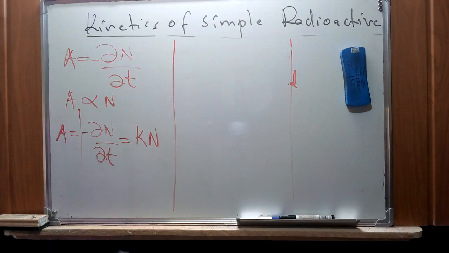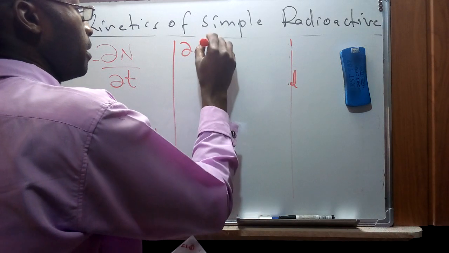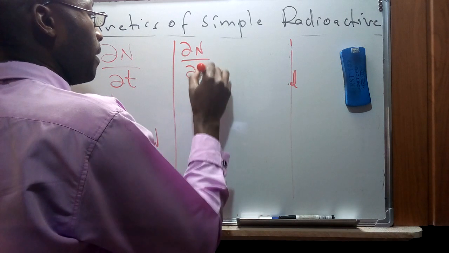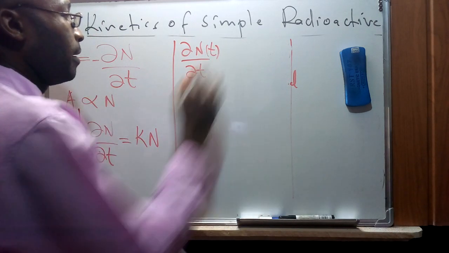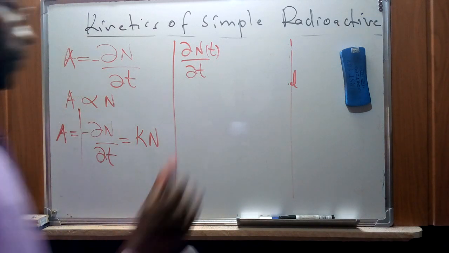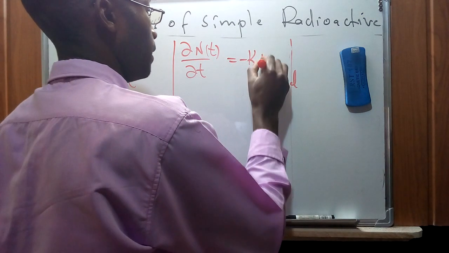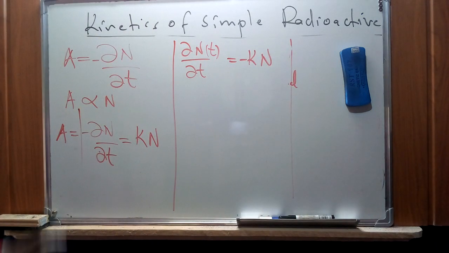We can write this as dn with respect to time equals negative kn, and as I said, the negative value represents that this is decreasing with time.